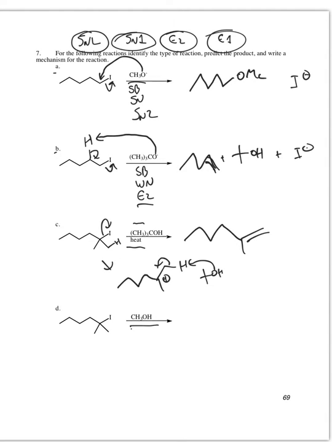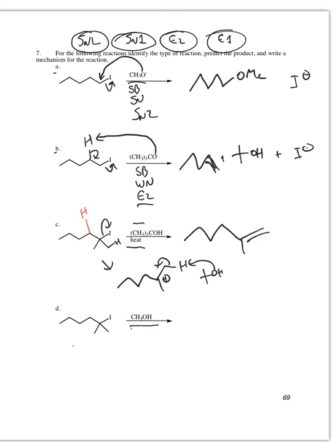If we had methanol in heat, we would get the double bond going to the more substituted side instead. If we had just methanol, we would go for a hydrogen over here when we did the elimination, but we don't have methanol, we have T-butanol, so we go for the less substituted hydrogen.